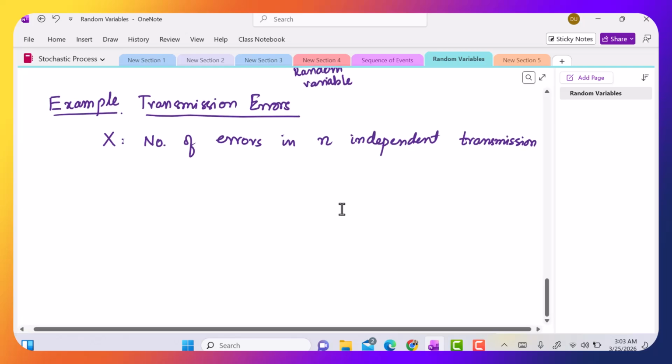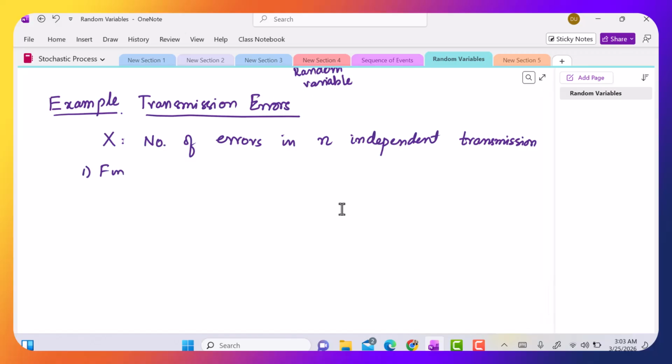So there are two objectives. Number one, we find the PMF, probability mass function, for this random variable X, which is defined as the number of errors in n independent transmissions.